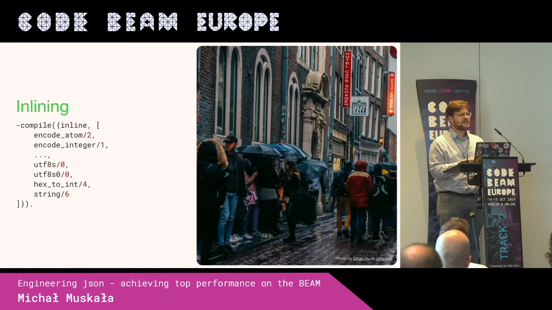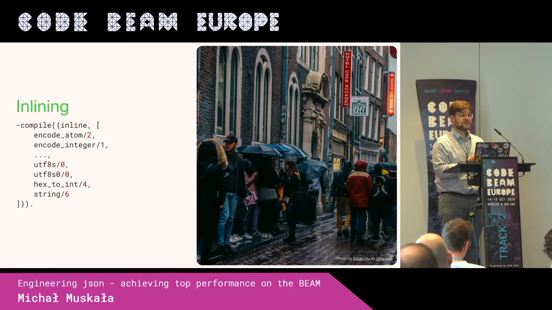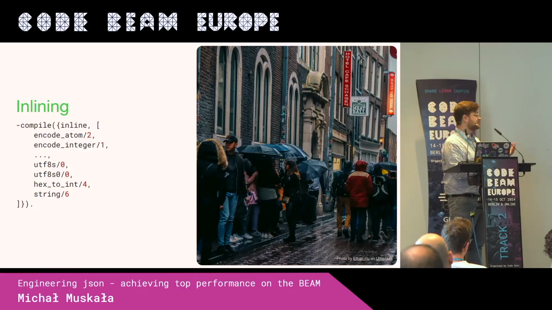You lose tracing, stack traces end up slightly different, and so there's this trade-off between slightly better performance or losing tracing or slightly worse errors. So by default the Erlang compiler conservatively opts for not doing the inlining, but you can opt in. And in this case, it's quite useful.